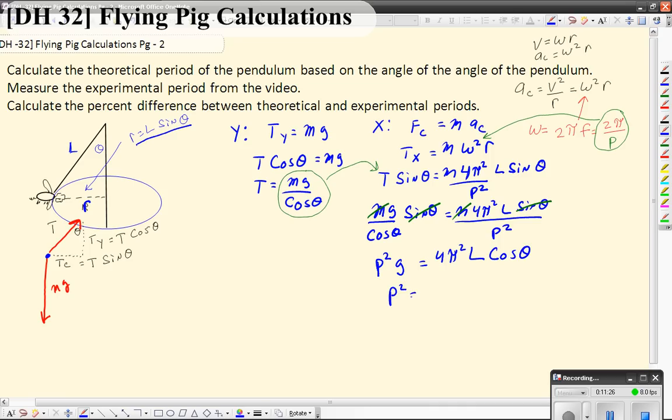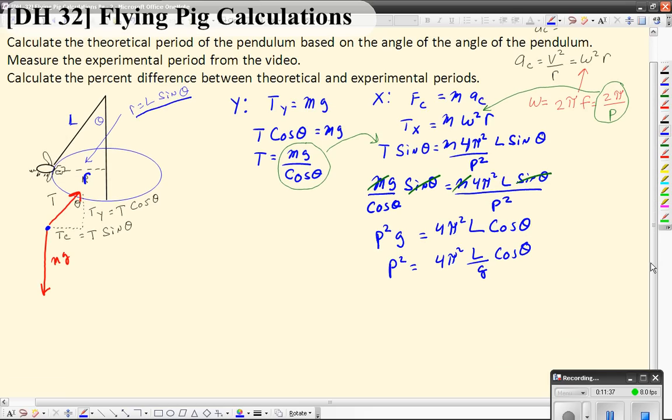P squared is going to equal 4 pi squared L over g cosine theta. And I'm going to take the square root. Now, I like to take 4 pi squared and turn that into 2 pi outside of the radical. Anytime you have something that is repeating like this, anything that is a uniform circular motion kind of activity, I like to write it in terms of 2 pi.